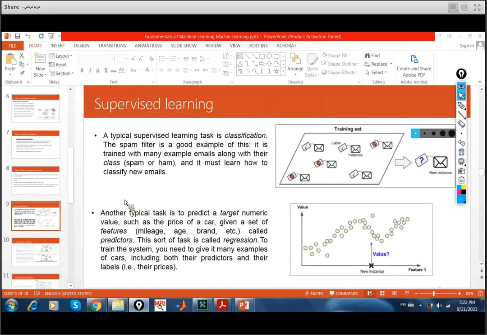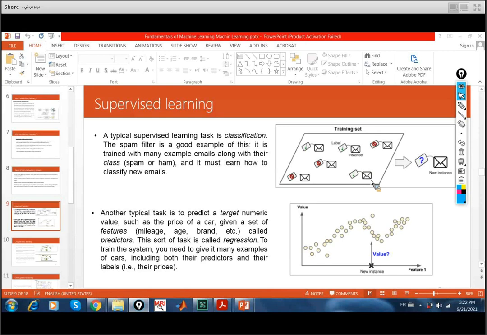Supervised learning. What is supervised? As you see in machine learning algorithms, we have data. The machine learning algorithm must learn from the data. For example, we must label each data.